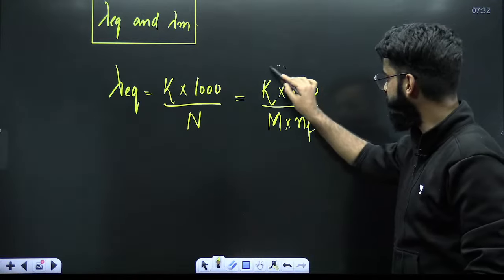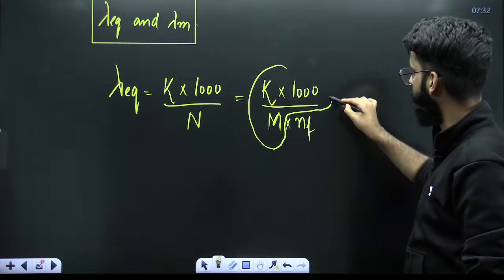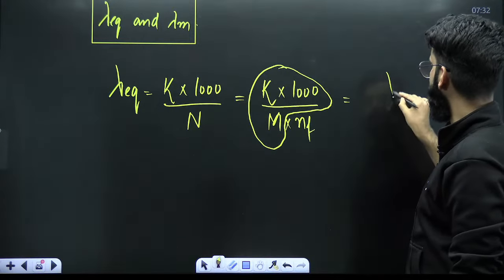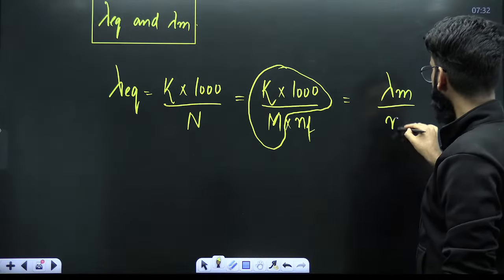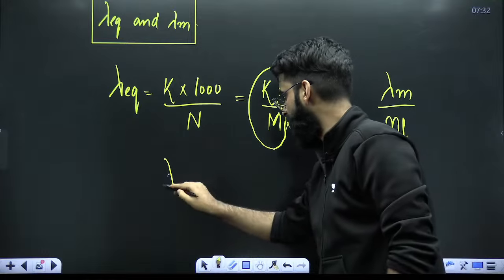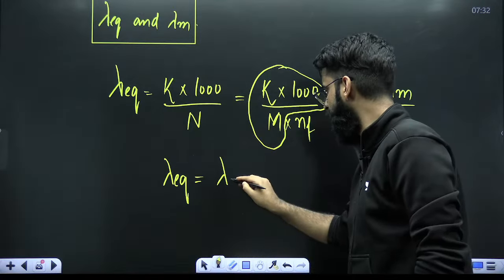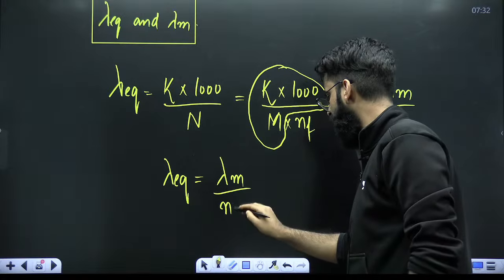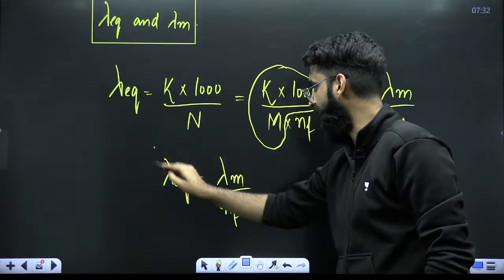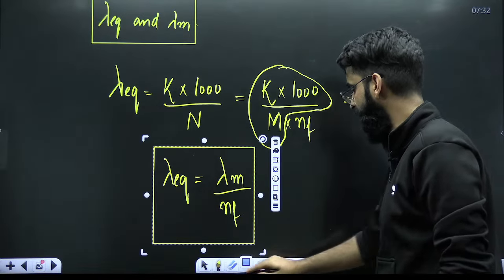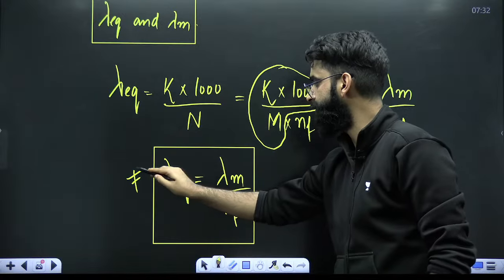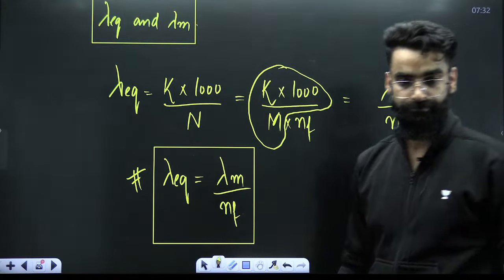Correct? This particular term, my dear students, what do we call this as? We call this as lambda m. So it is going to be lambda m divided by n factor. So from this particular result, you got equivalent conductivity is always equal to molar conductivity of the solution divided by n factor of electrolyte. This particular result is also important.